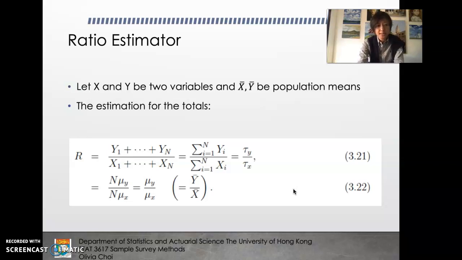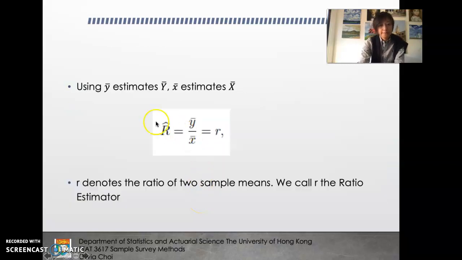Using the ratio estimator, we assume R, which is from the population, equals tau y to tau x, or y bar to x bar in the population. If we look at our sample, we can estimate our y bar to the x bar, which equals our sample r.